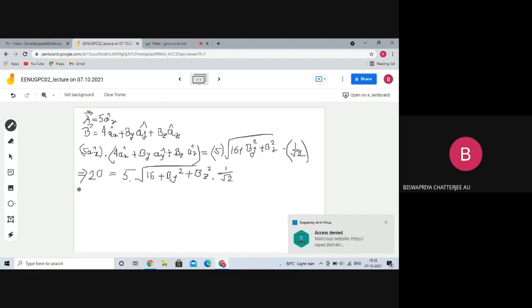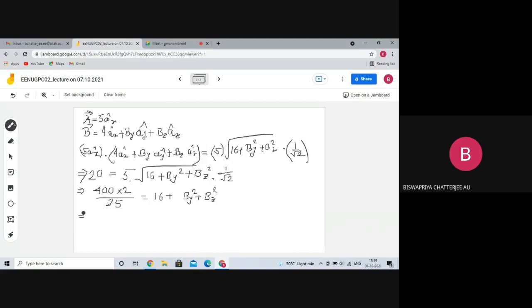Now if you take the square of both sides, it will be 400 into 2 upon 25, equal to 16 plus by square plus bz square.